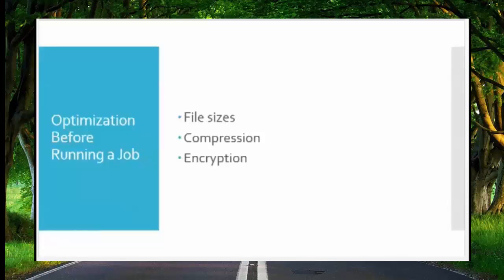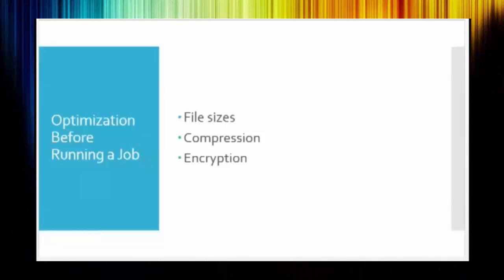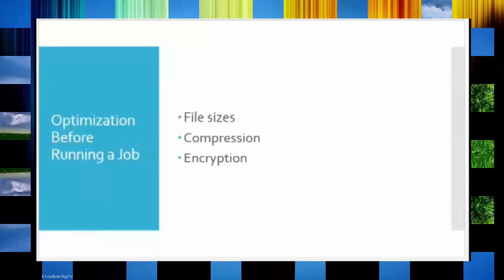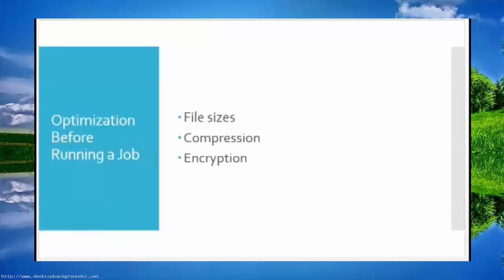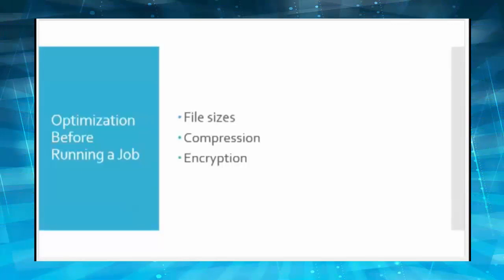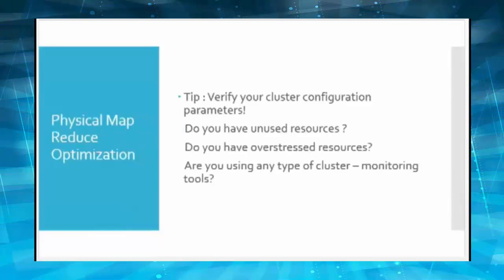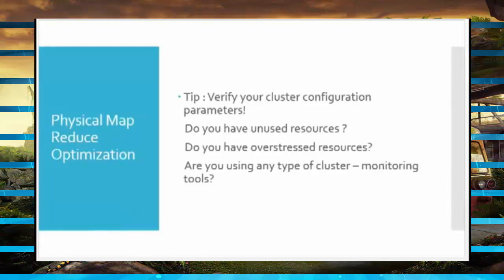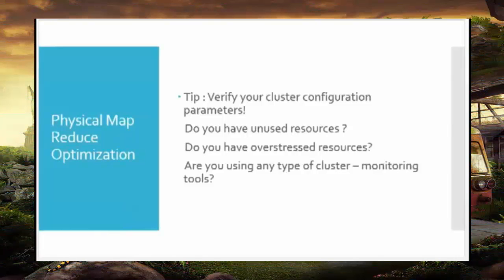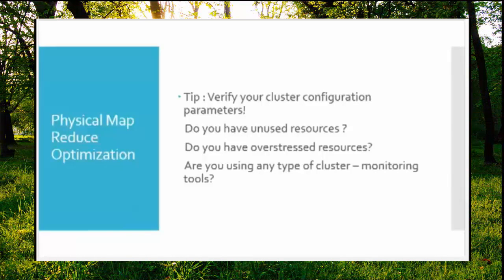Now, I didn't mention encryption. For some data, encryption is part of the business rules. You have to consider the overhead of working with encrypted data, which sometimes will entail de-encrypting it and sometimes won't. When we think about physical MapReduce optimization possibilities, the number one thing that I see out there in the wild is that the cluster configuration parameters have somehow been changed, and there's not a good business reason for those changes.